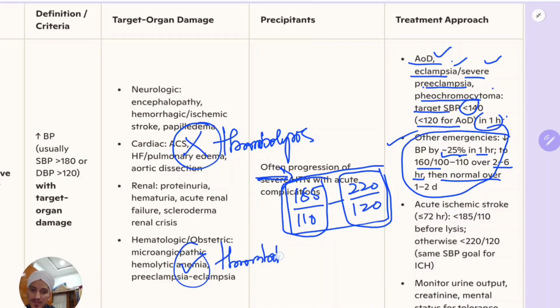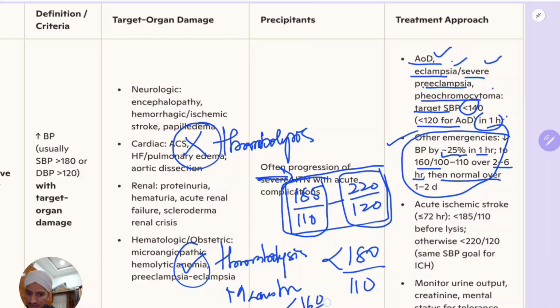If you are doing thrombolysis, then the BP should be reduced to 180 by 110. The same thing applies for hemorrhagic stroke, with the same BP goal as for intracranial hemorrhage. But I remember one guideline according to McMaster: if there is hemorrhagic stroke, BP should be brought to less than 160.